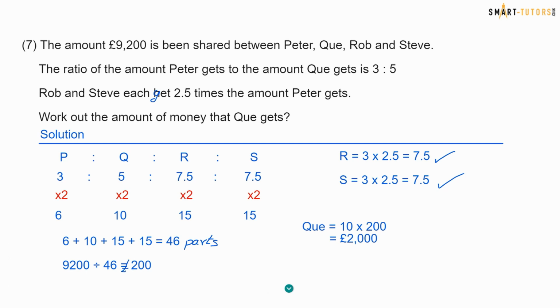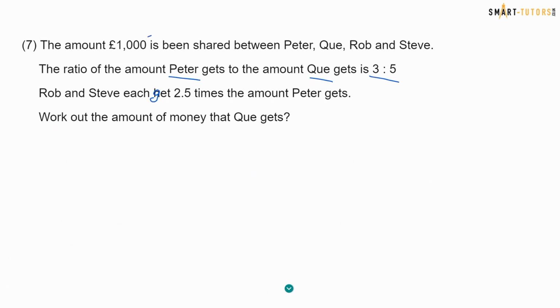So 200 pounds is one part, means Q is going to be having 10 parts. So 200 times 10 is 2000. So that's my bad. The question actually is not 1000 pounds, it's 9,200. So when you're doing the questions, please do it with 9,200.